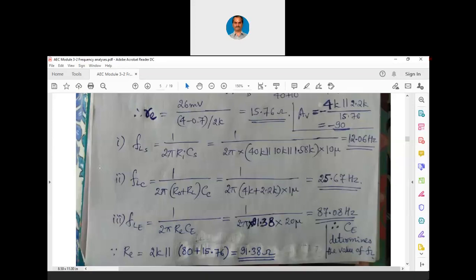At that time, we can say the output capacitance is going to be dominant, because the next highest value is 25.67 Hertz. If this 87.0 Hertz is becoming lesser than 25.67 Hertz, by increasing the capacitance value, we can say the output capacitance is dominant. Anyway, out of these three capacitances, one of them is going to decide the lower cutoff frequency's value.